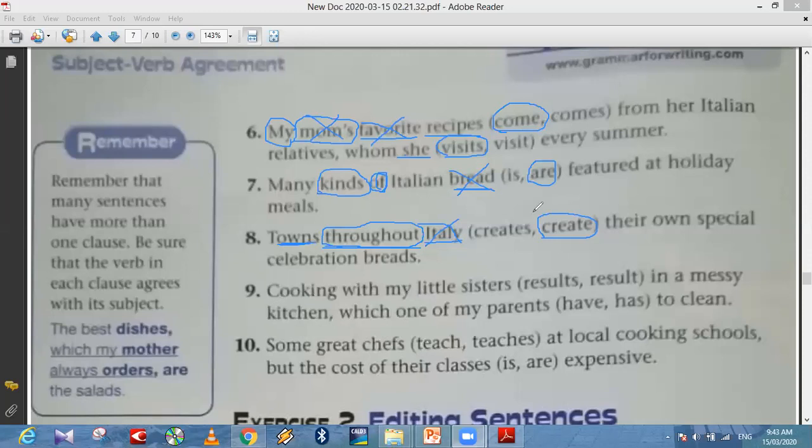The simple subject is sisters. Sure? No, Mister, I'm not cooking, Mister. Yes. Cooking is the simple subject here. So why Muhammad? Why not sisters?